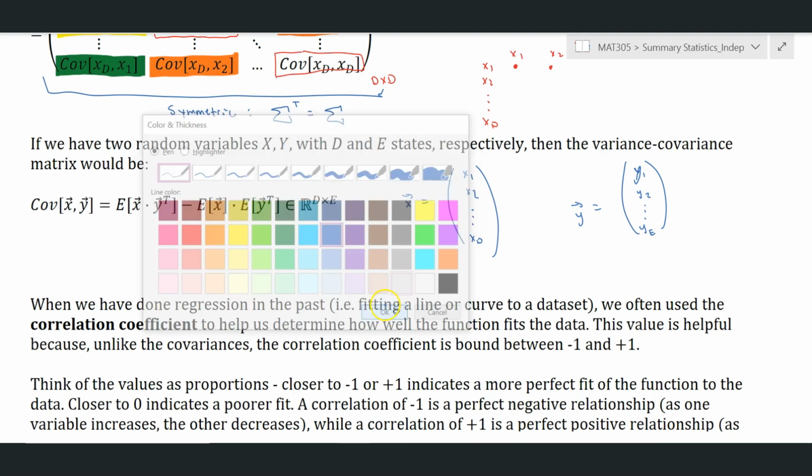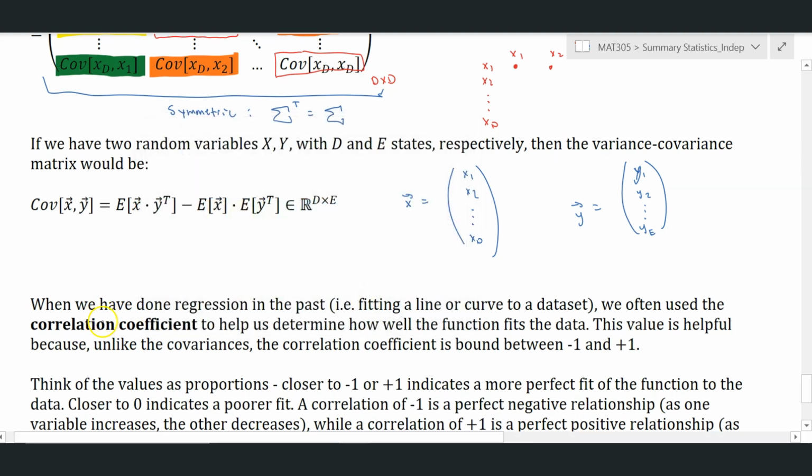All right, almost there. So the question is, like with the covariances, how do we know how big a covariance actually is? How good is that fit based on the covariance? Well, when we've done regression in the past, like say you take a data set and you fit a line to it, you'd often look at the correlation coefficient, which a lot of times would be called R, not R squared. This is a value that's basically been standardized.